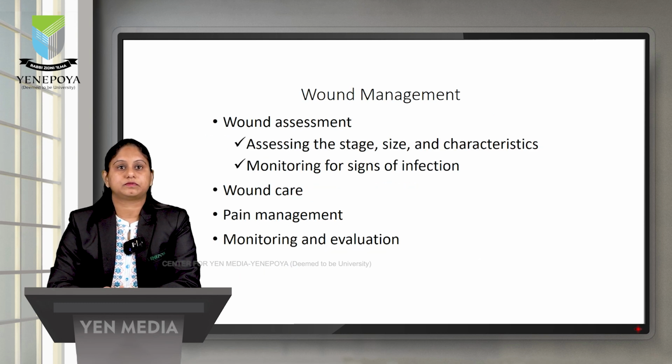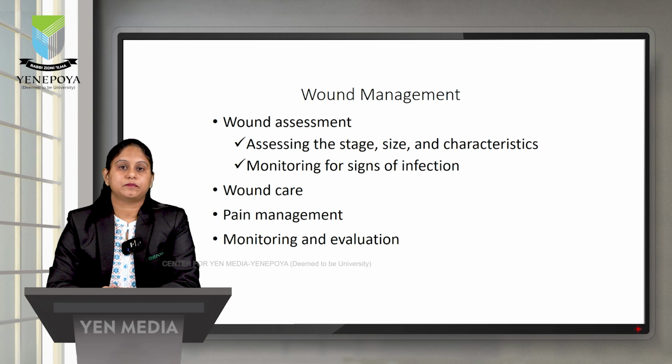Wound management. Assess the wound frequently, assess the stage, size, and characteristics of pressure ulcers, and monitor for signs of infection. If there is an infection, appropriate antibiotics or other methods are used. Wound care is very important to minimize the risk of infection.